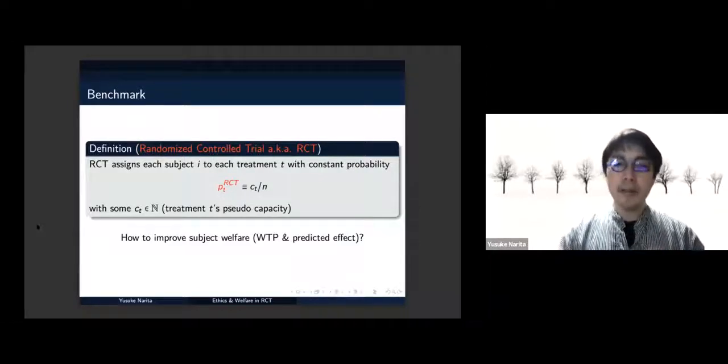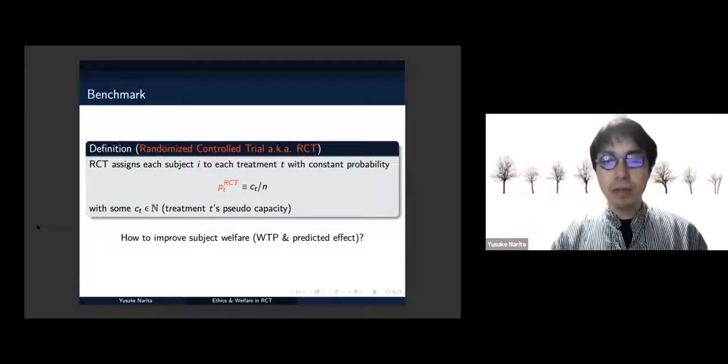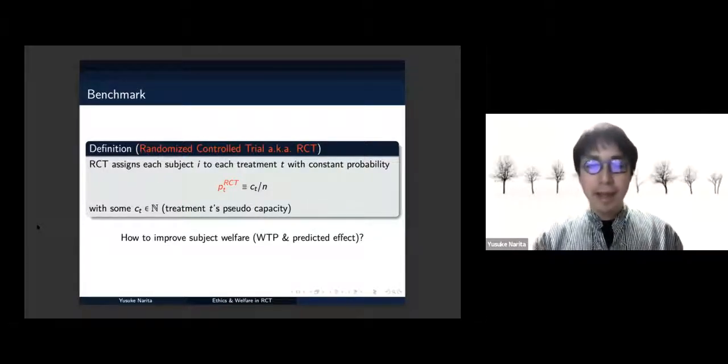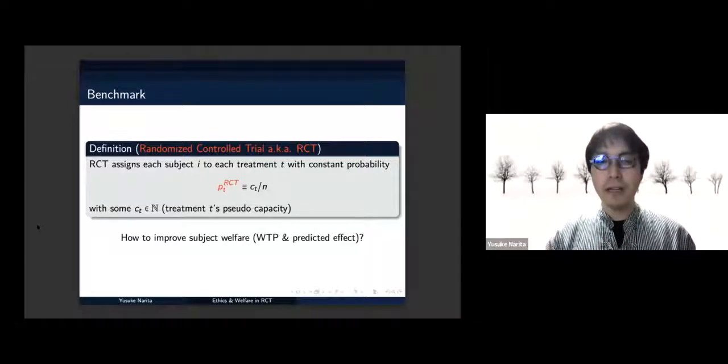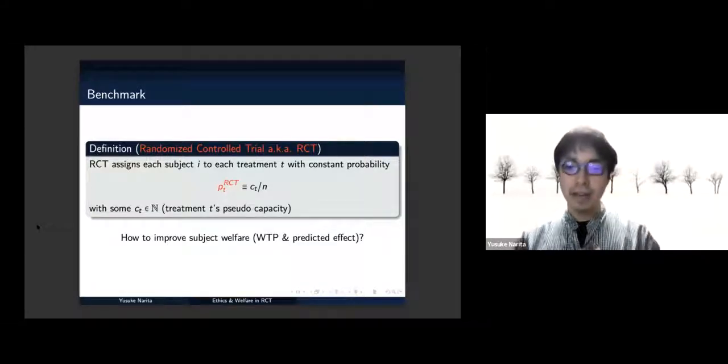And I'm going to denote this P^RCT as the ratio of each treatment T's pseudo or quasi-capacity C_T relative to the total number of experimental subjects N. Now from this expression alone, it should be clear that this RCT doesn't directly incorporate any information about willingness to pay W and the predicted effects E.